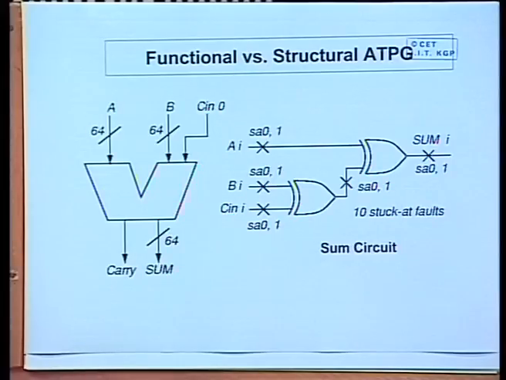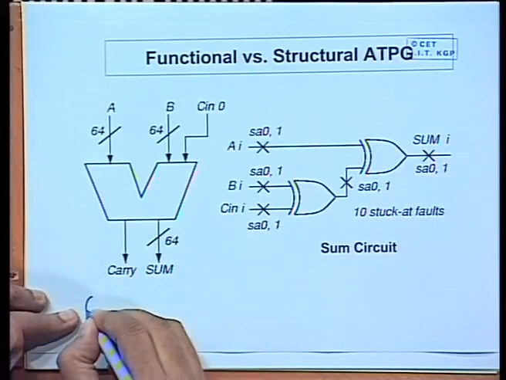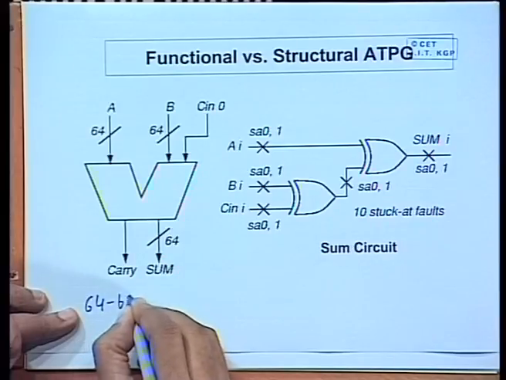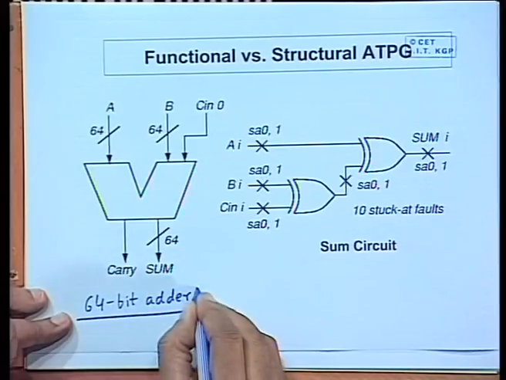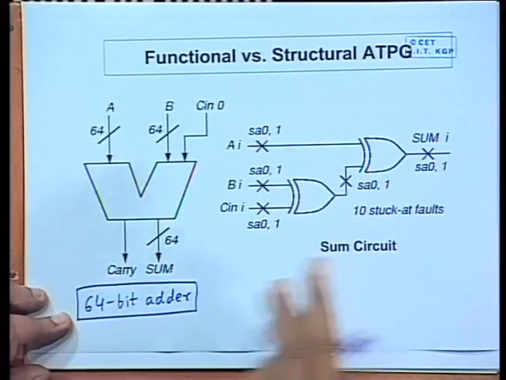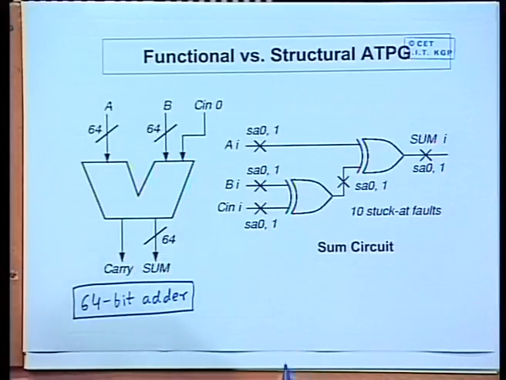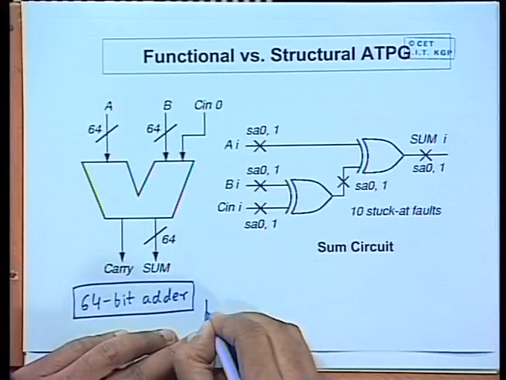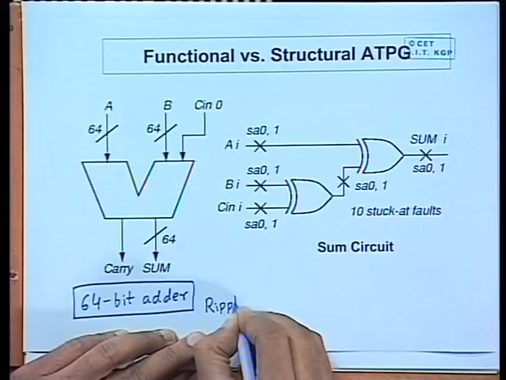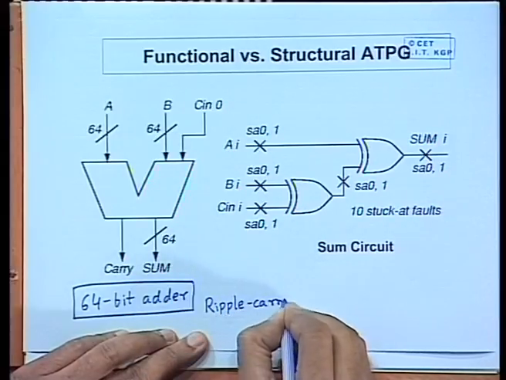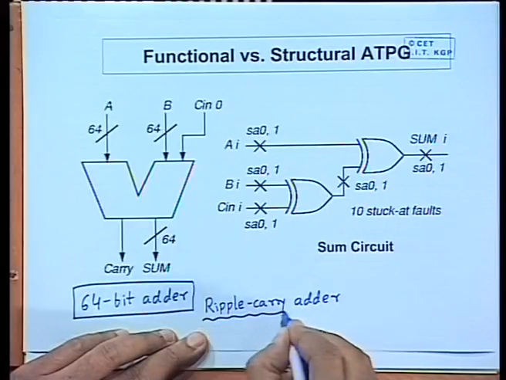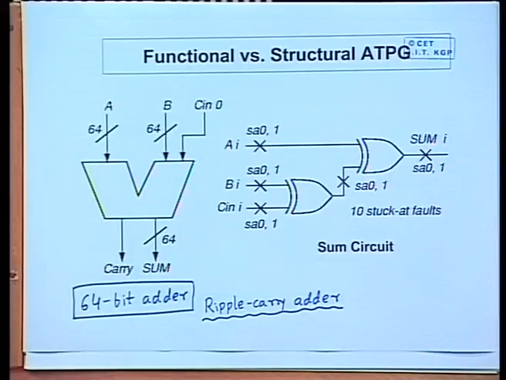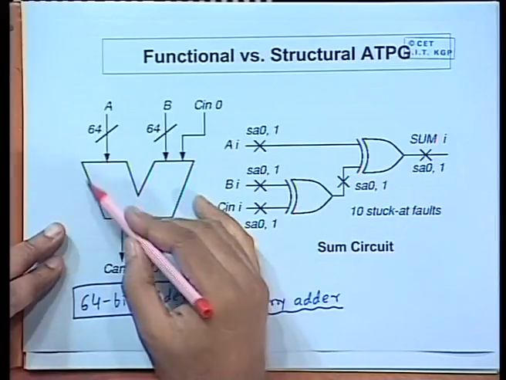Now, the example that we are taking is a 64-bit adder, and just to keep things simple, we assume that this is a ripple carry adder, just for the sake of illustration, which means there are 64 full adders which are connected in cascade. So, the 64 bit adder will look like this functionally.